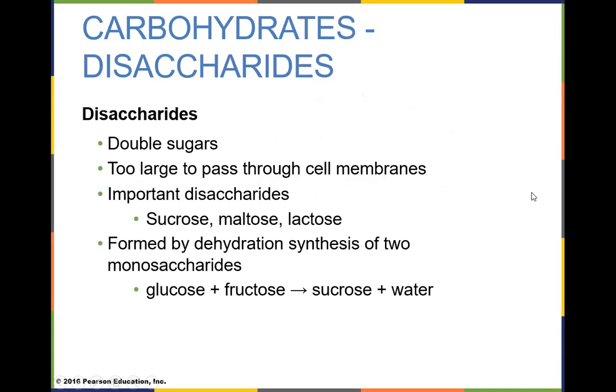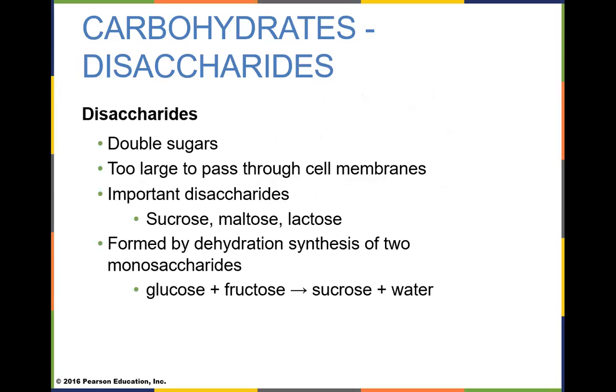The disaccharides are the double sugars. Glucose can get into the cell, so the cell uses it for energy. Sucrose is too big. Sucrose is a double sugar. It's a disaccharide. Sucrose is going to be glucose and fructose linked together. So that makes it a larger molecule, too large to get into the cells.